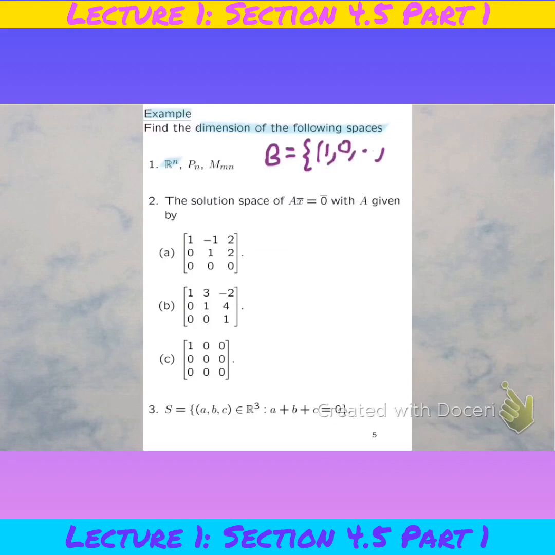You let the one run over all the components, and you make all the other components 0, and you go on until you have a 1 in the last position.